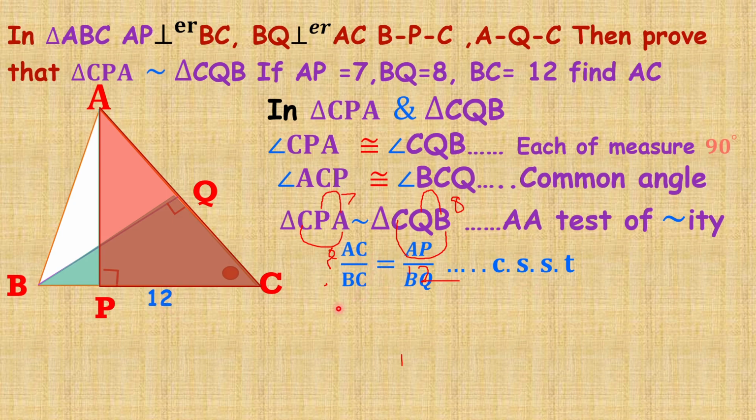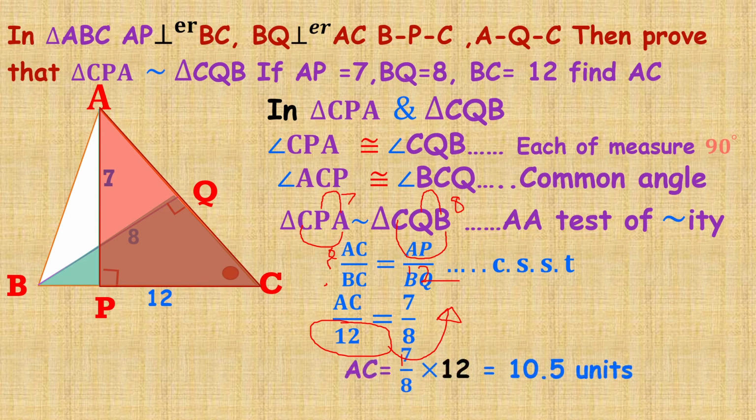AC upon BC is given 12 is equal to AP is given 7 upon BQ is given 8. Therefore, AC upon 12 is equal to 7 upon 8. We have to find the value of AC. Transfer this 12 to the other side. Divide becomes multiply. Therefore, AC is equal to 7 upon 8 into 12. Simplifying, we get AC is equal to 10.5 unit.